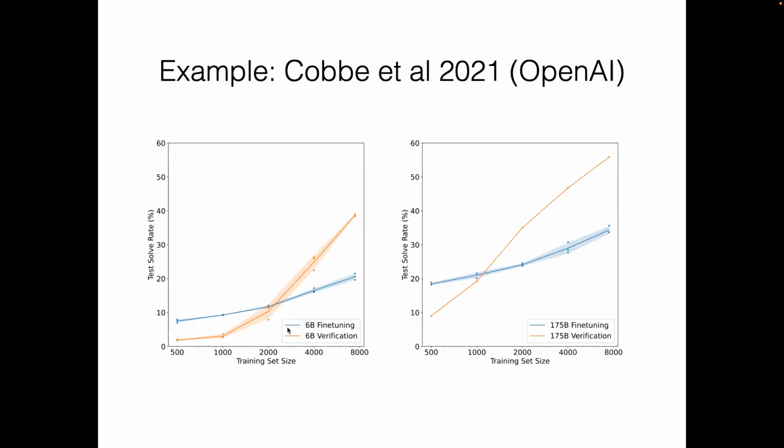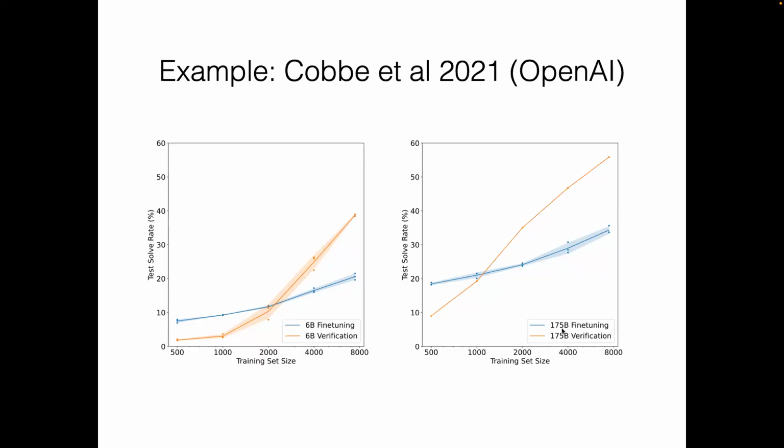What they did is fine-tune a 6 billion parameter language model just on the training set, or use this verification model to do best of n, so choose the best solution. You can see that after a certain point, the verifier gets good enough that it's actually better than just fine-tuning the model on the solutions.